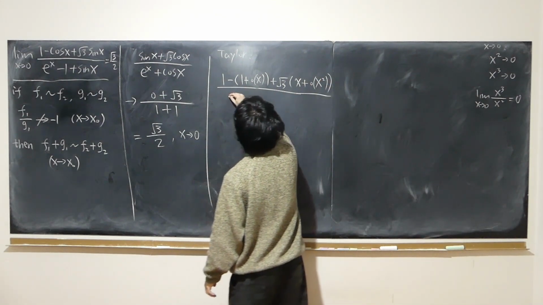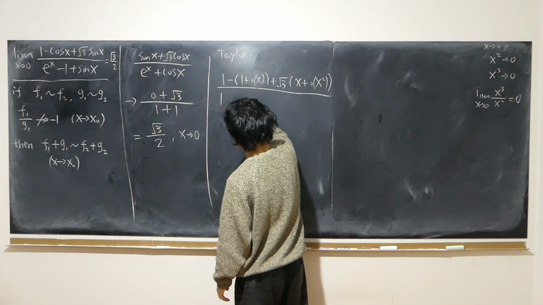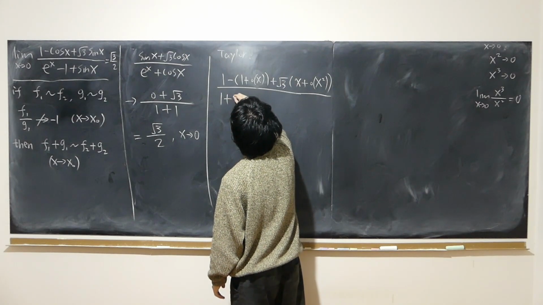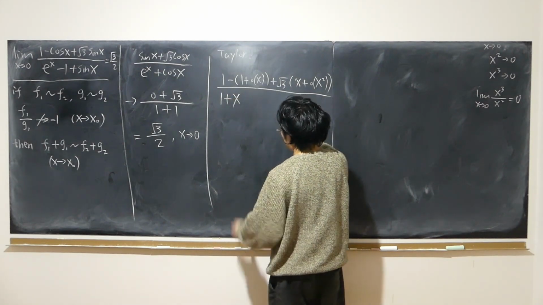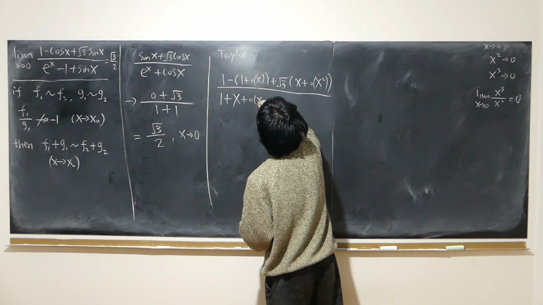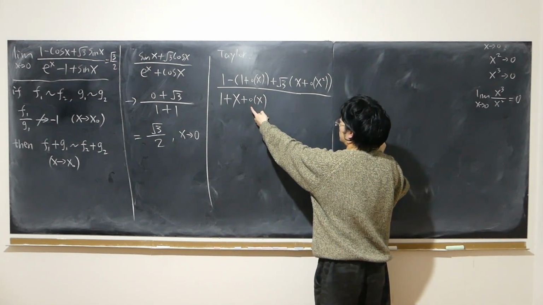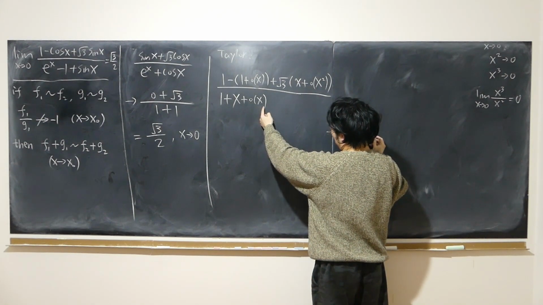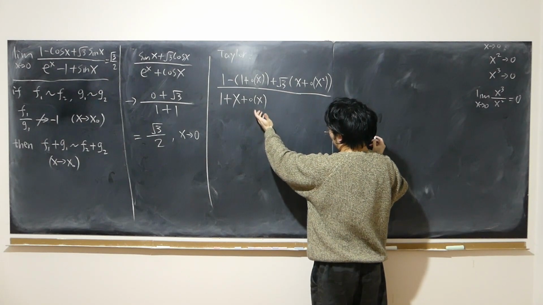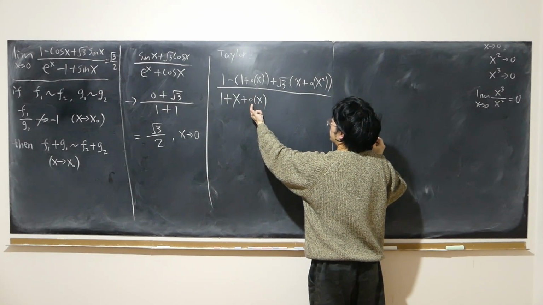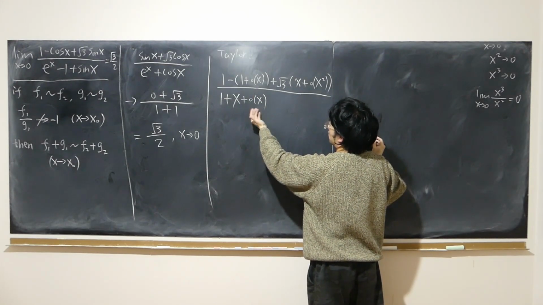So e to the x expanded. First term 1, second term x. That's all I need. Then plus little o of x. Remember, it just represents some infinitesimal times infinitesimal, approaching 0 faster than x. It doesn't have to be unique. It's just some function approaching 0 times x, which is also approaching 0.